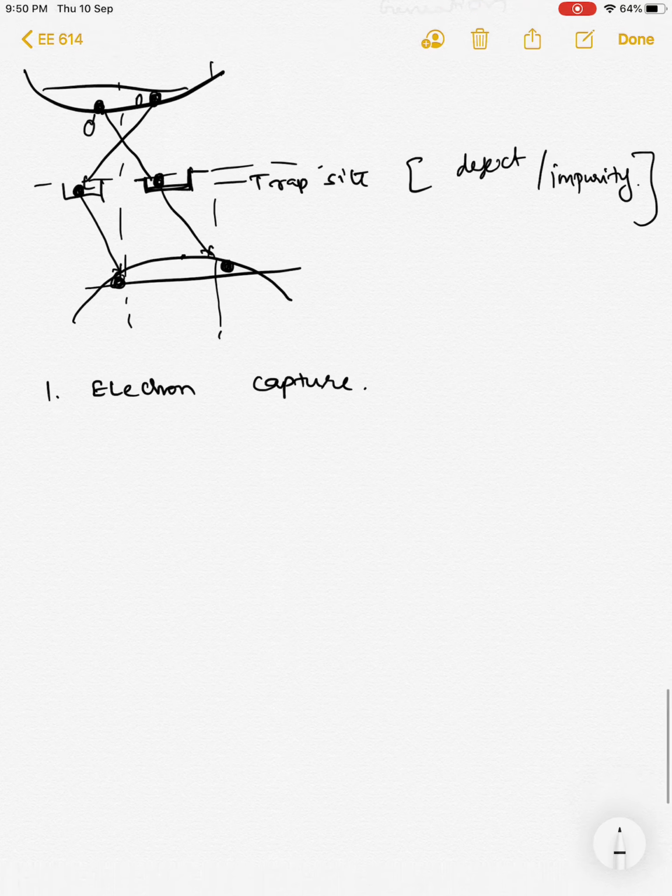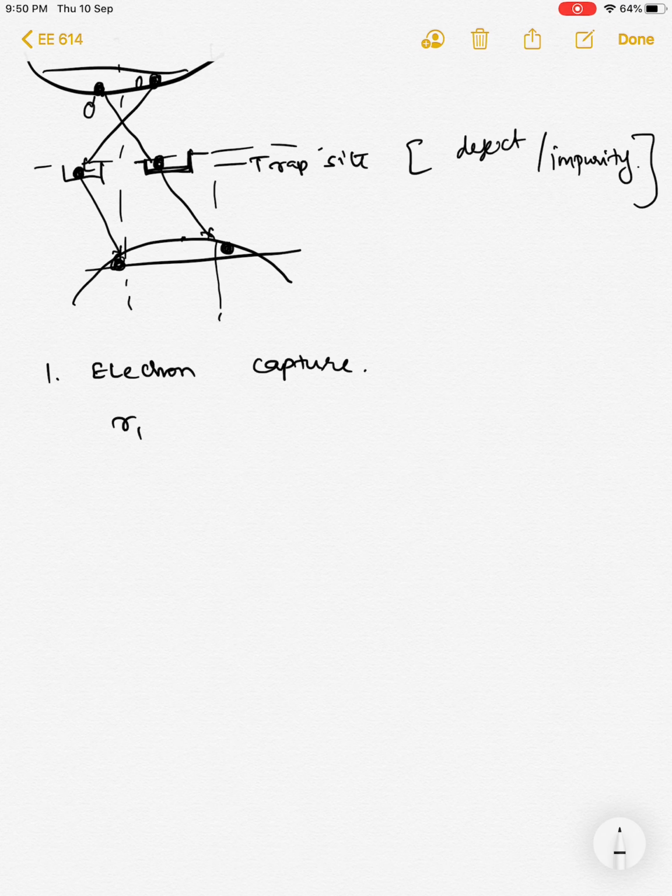So the electron capture rate R1 is proportional to the number of electrons in the conduction band and the trap site. 1 minus f of E t is the probability that the trap site at some energy ET is empty. I have drawn it here at the middle of the band gap, but it does not necessarily have to be in the middle; it can be at any energy level in between. So the probability that this state is empty is 1 minus f of t. That is when the electron can be captured in the trap site.